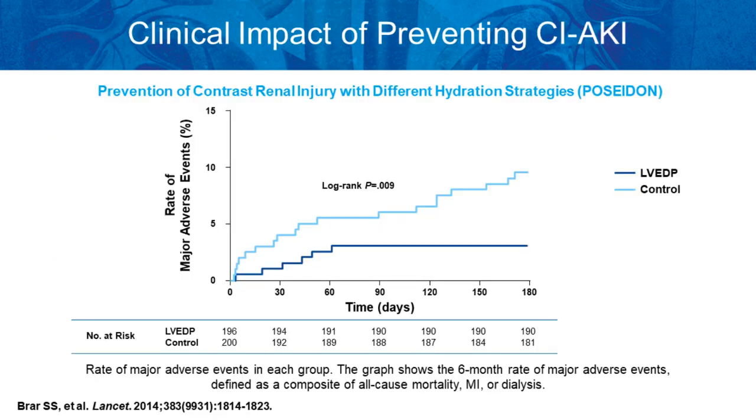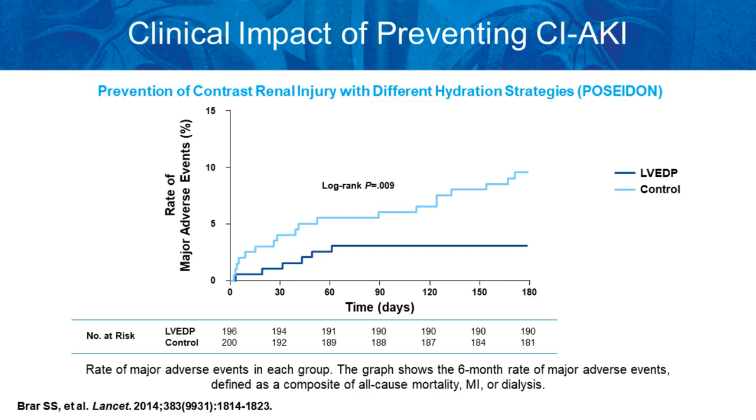I think the strongest evidence of why acute kidney injury matters comes from the long-term follow-up of Poseidon. So remember, Poseidon was a trial of LV-EDP-based hydration versus standard hydration. So everybody got hydrated, and this trial showed there was a significant reduction in acute kidney injury using an LV-EDP-based hydration.